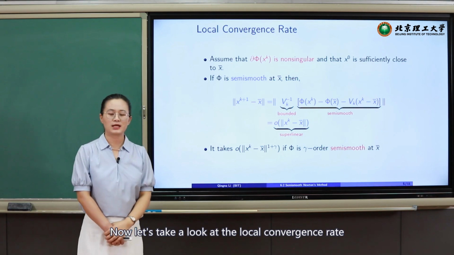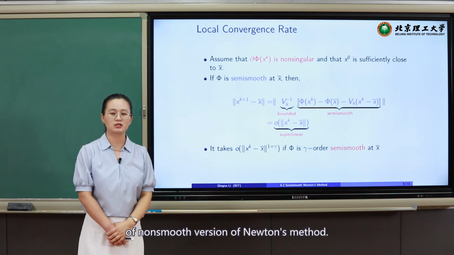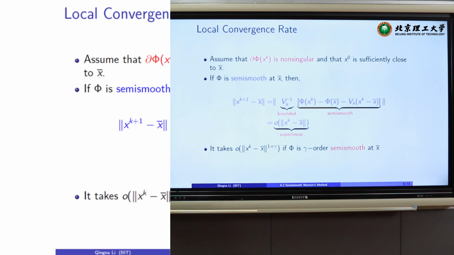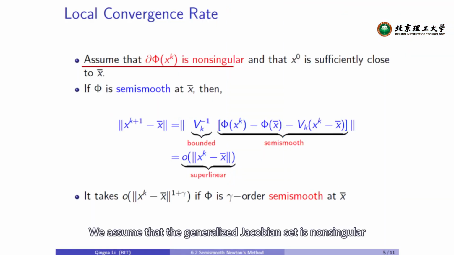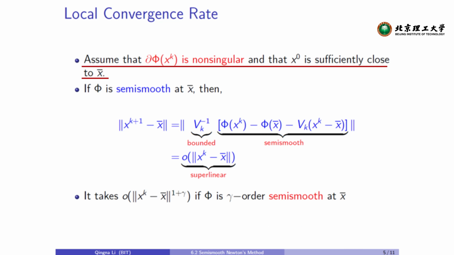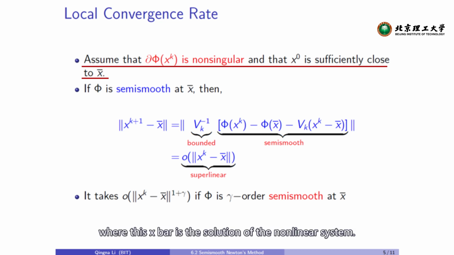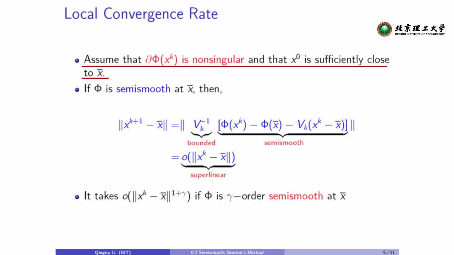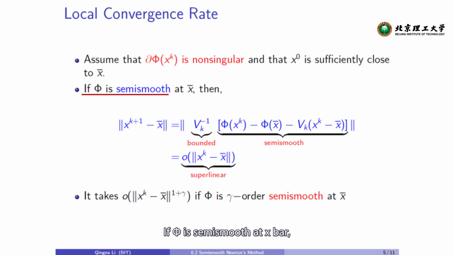Now, let's take a look at the local convergence rate of the non-smooth version of Newton's method. We assume that the generalized Jacobian set is non-singular and x0 is sufficiently close to x bar, where x bar is the solution of the nonlinear system, okay? And if phi is semi-smooth at x bar, then we can analyze the local convergence rate in the following way.